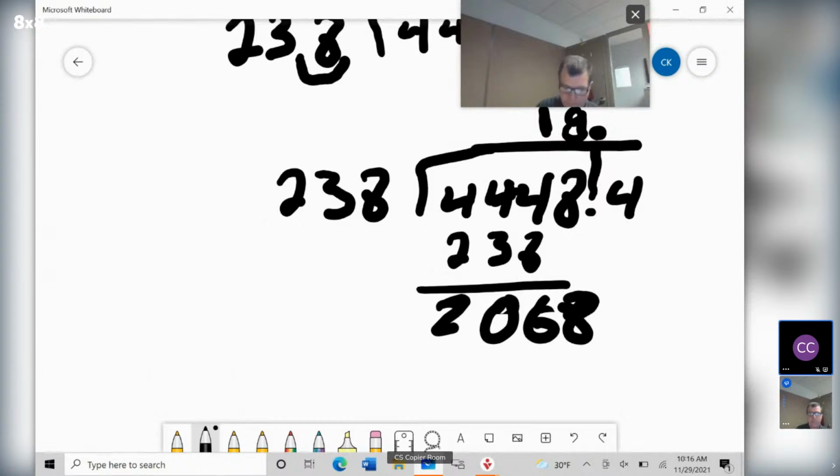And then we just multiply the 238 times the 8. That's going to be 8 times 8 is 64. Carry the 6. The 8 times the 3 is 24, plus 6 is 30. Carry the 3. 8 times 2 is 16, plus 3 is 19.